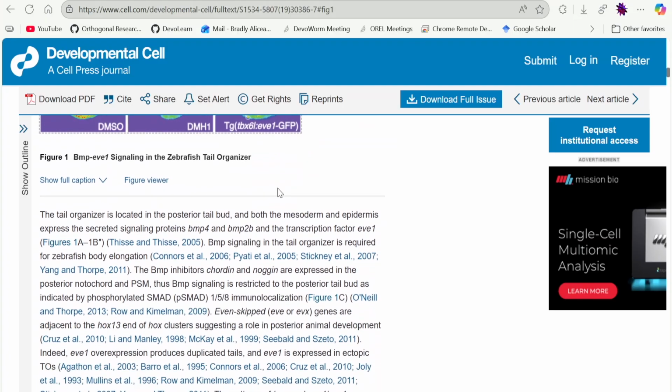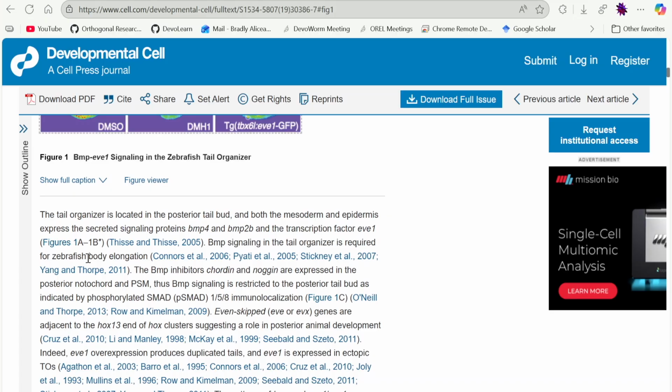Going back to the paper, the tail organizer is located in the posterior tail bud, and both the mesoderm and epidermis express the secreted signaling proteins BMP4 and BMP2B and the transcription factor EVE1. So this BMP signaling at the tail organizer is required for zebrafish body elongation, which you'll see in the formation of the tail.